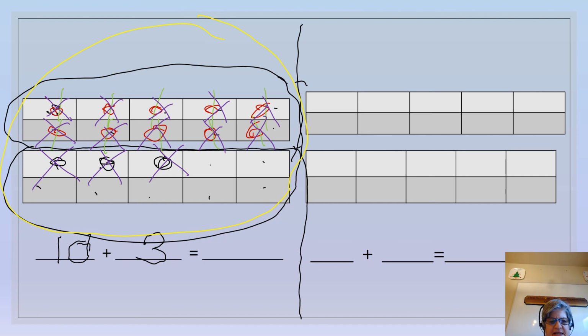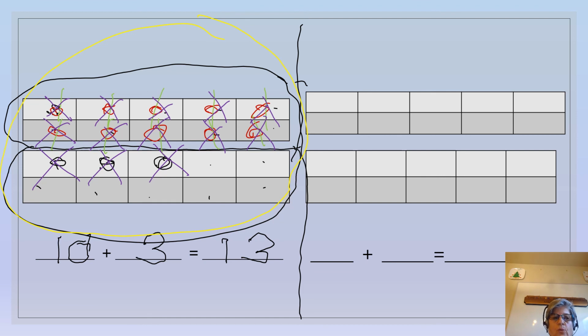So I have 13 dots. So 10 plus 3 would be 13, and I have to think, how do you make a 13? Oh, I know. I take the 1 from the 10, and I take the 3, and that makes 13. A 1 and 3 is 13.